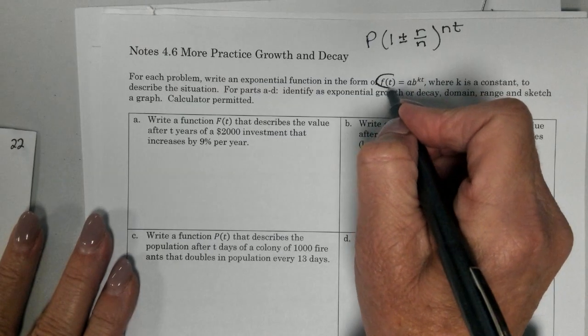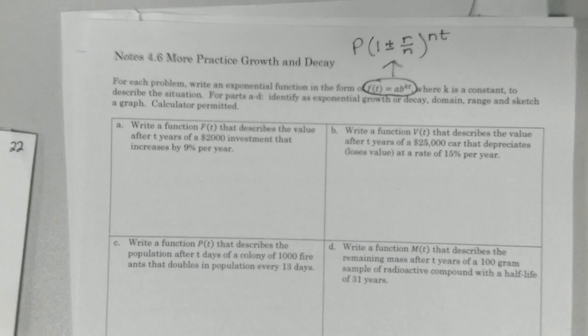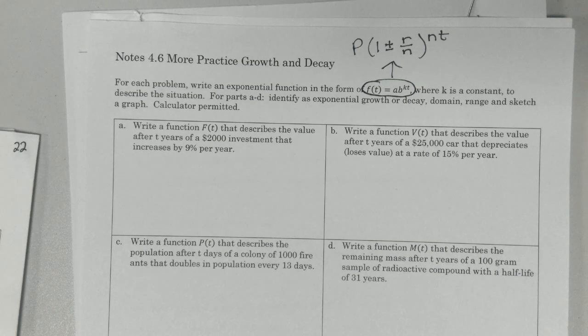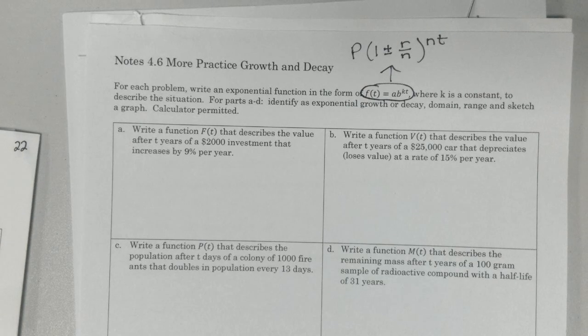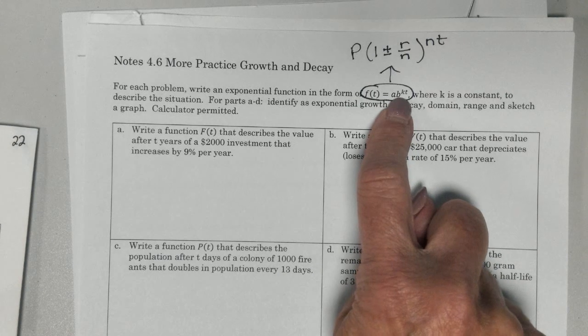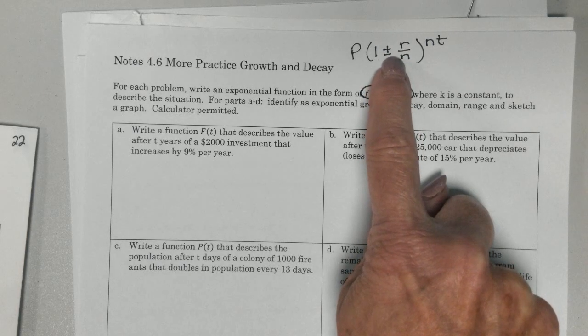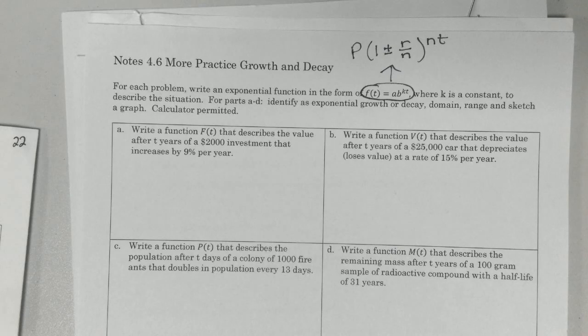This formula is this. The only thing different is the base has been simplified. That's it. This b value right here is the simplification of 1 plus or minus whatever the rate is. That's it. And it's going to be something less than 1 or something greater than 1.